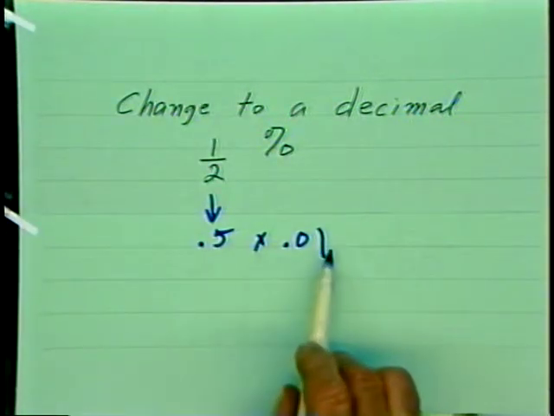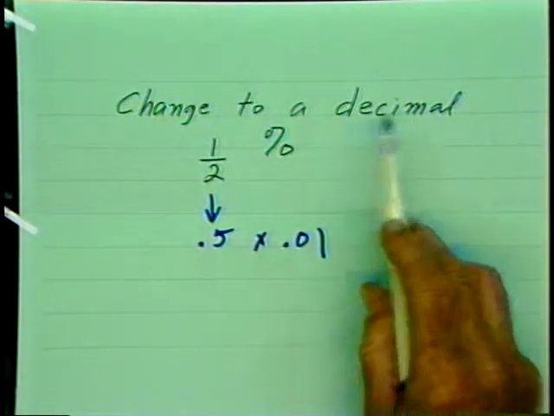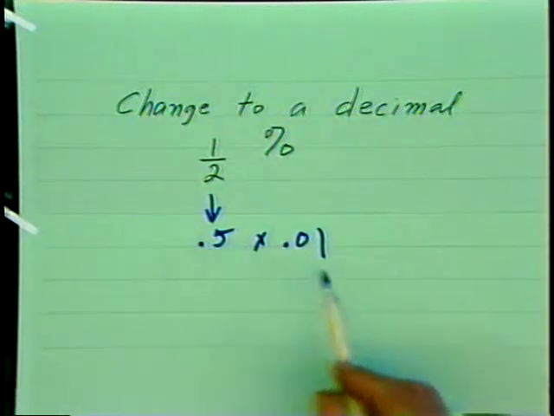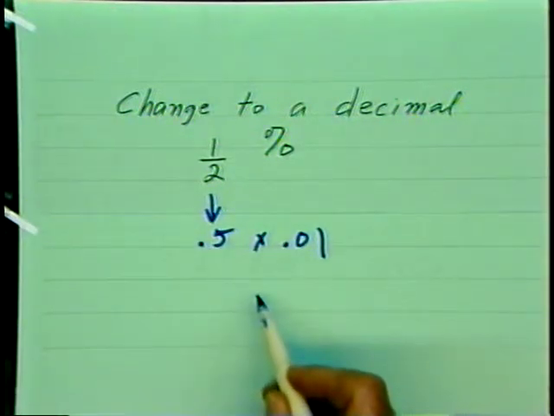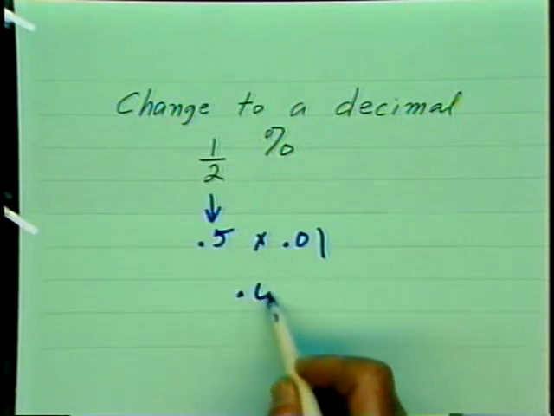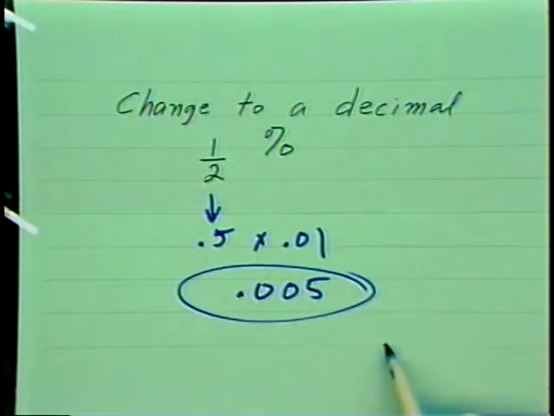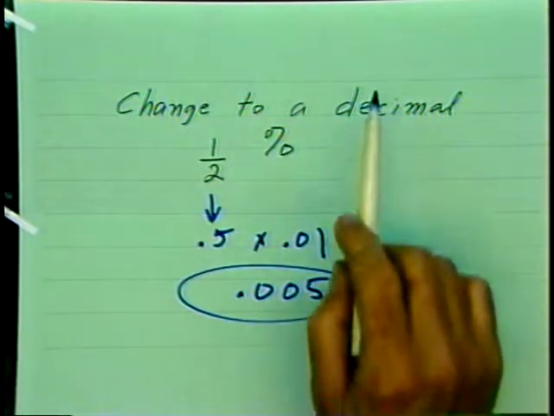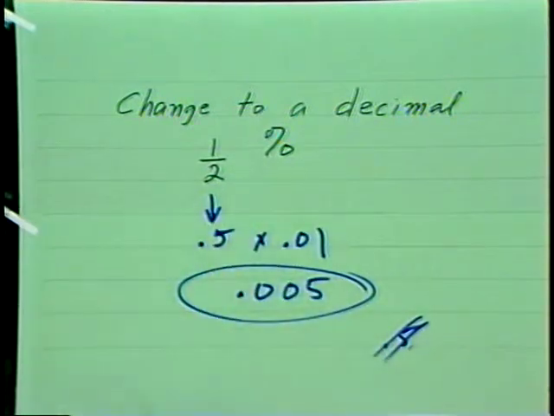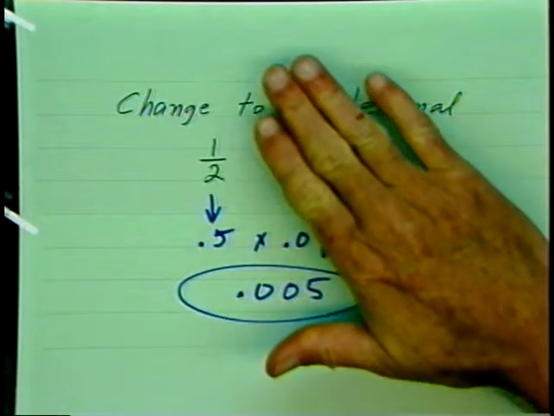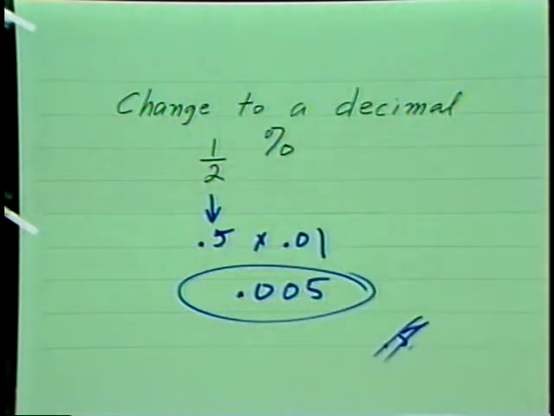And a percent means times 0.01. This time I wrote it as a decimal rather than a fraction because it's a decimal that I want. Then as you follow through on that multiplication, you will get 0.005, which is certainly a long way from 0.5, isn't it? The trouble with this kind of problem is the student is too used to seeing just that by itself, and you react to that.